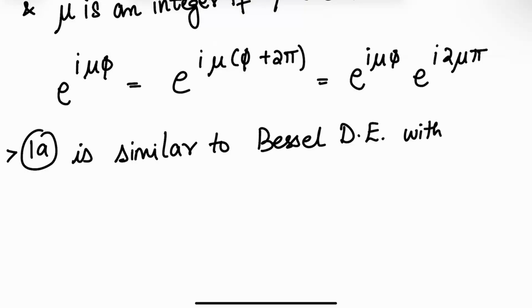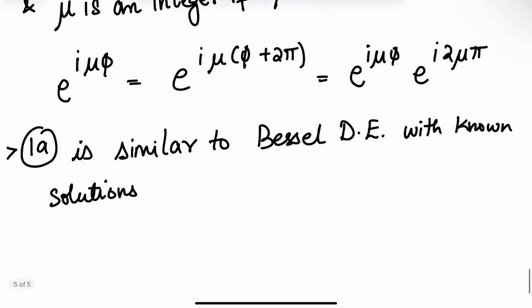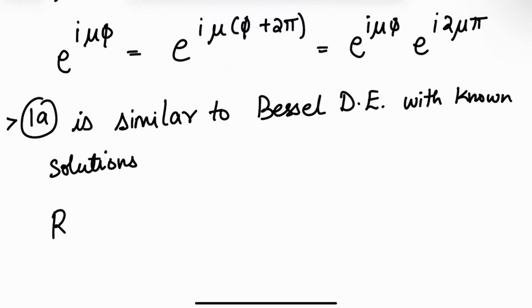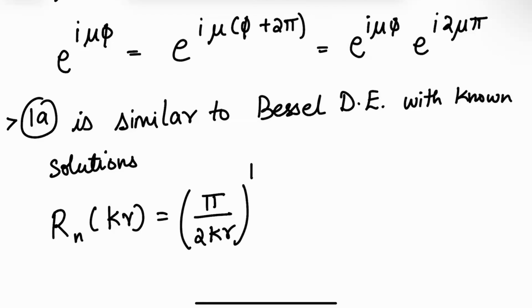And so we know that it has solutions of the form R sub n of kr is equal to pi over 2kr to the power 1/2 times Z sub n plus 1/2 of kr.